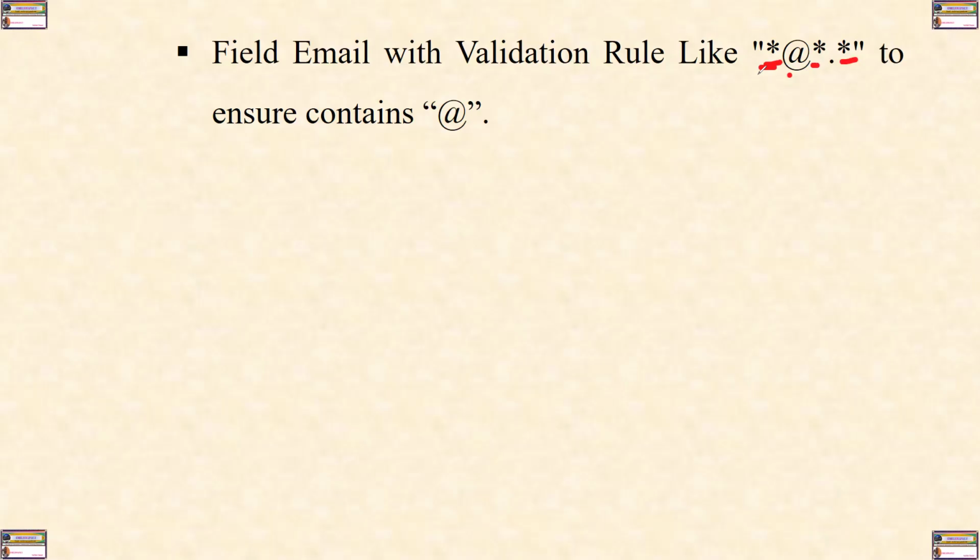Or another example would be Otieno1 at yahoo.com. So generally, the symbol at ensures that whatever you enter must have the at symbol, while the asterisk means anything.